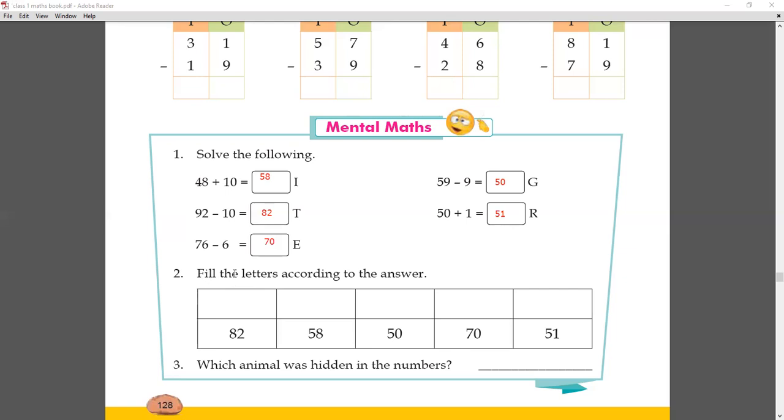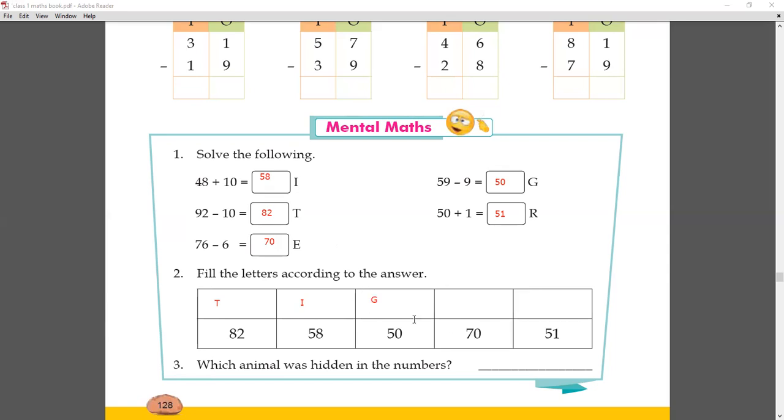What is right here? Fill in the letters according to the answer. Okay. Where is 82? Here. So 82, T. We write T here. Okay. 58. Where is 58? Here, I. So we write I here. Next is 50. Where is 50? That's why we write G here.